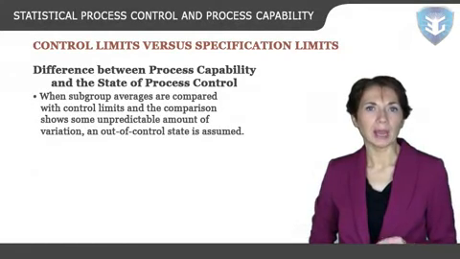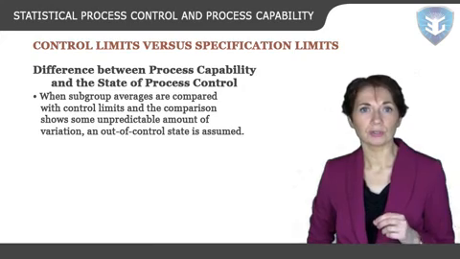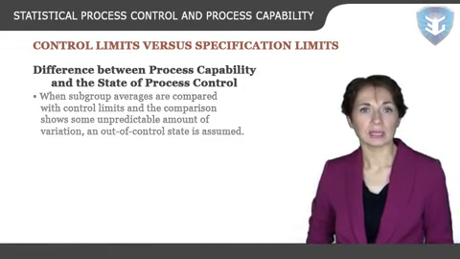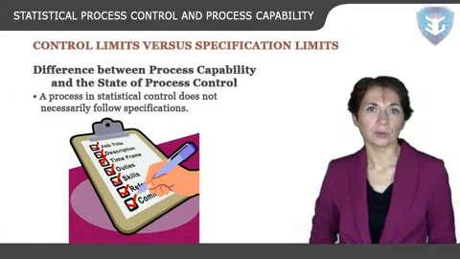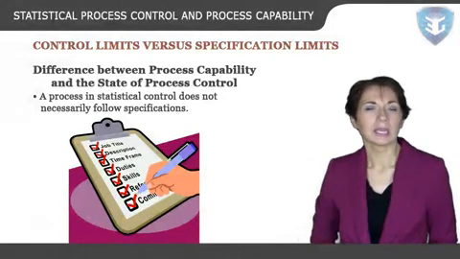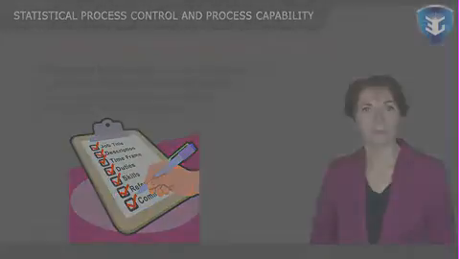When subgroup averages are compared with control limits and the comparison shows some unpredictable amount of variation, an out-of-control state is assumed. A process in statistical control does not necessarily follow specifications. A capable process is not necessarily in control.